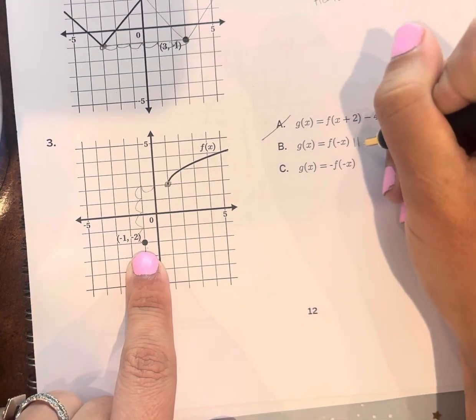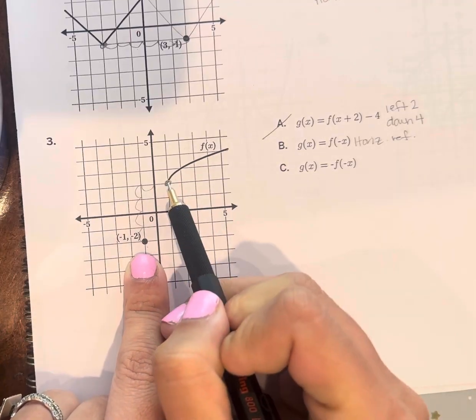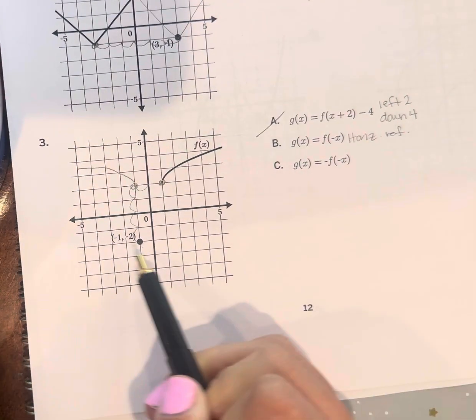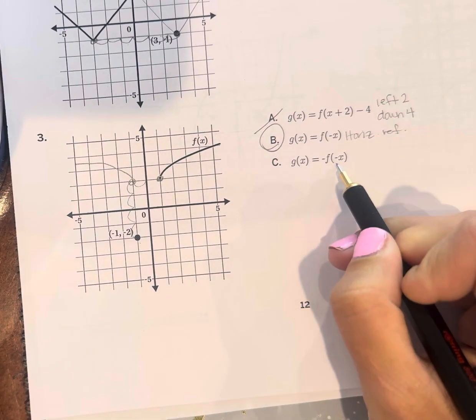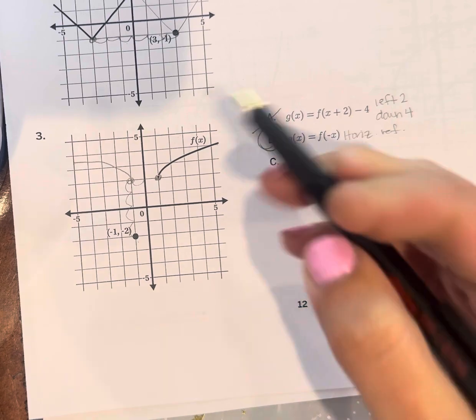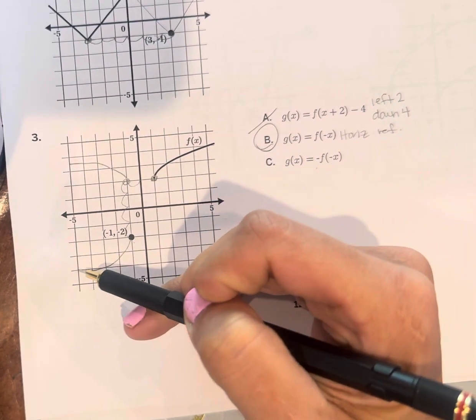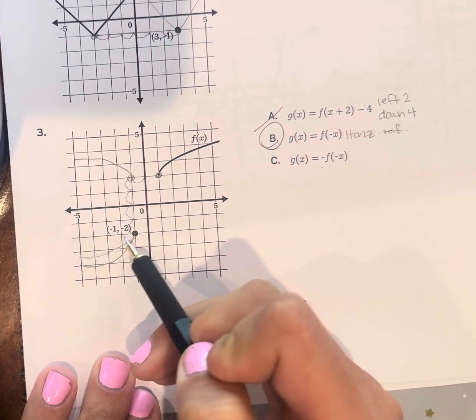What if we did a horizontal reflection? That's what we would have. And then we would not go through, okay? But if we did a horizontal reflection followed by a vertical reflection, we would flip here first and then flip here and look like that. Too wide, but you get it. It would go through.